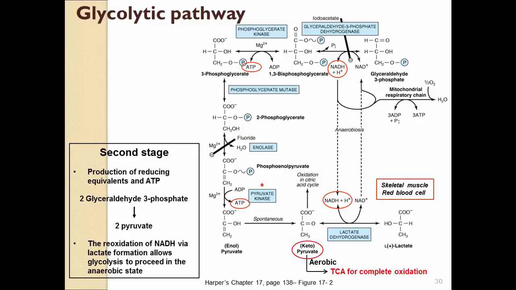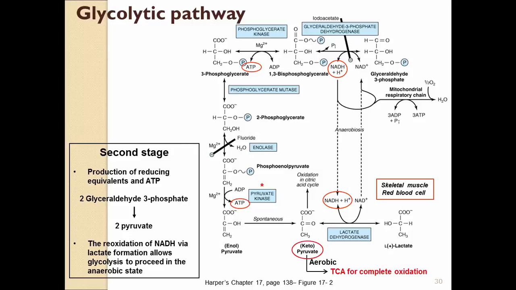in the skeletal muscle. Skeletal muscle, only during very fast exercise, for example, 100 meters sprinting, muscle cells only do glycolysis to metabolize glucose and produce ATPs.